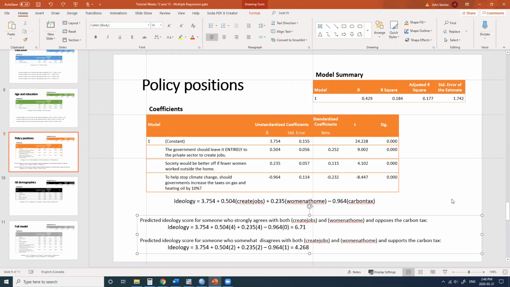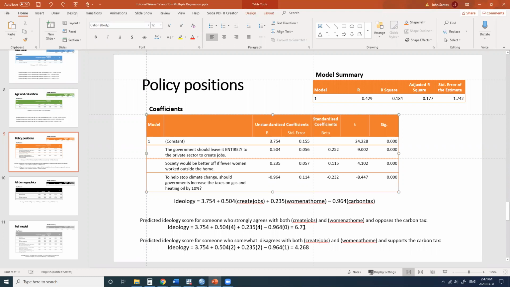This is an abstract model, and yes, you could find a bunch of people who have this set of positions, and they might not all answer 6.71, right? But we're trying to model the predicted value of ideology using the responses to these questions, right?